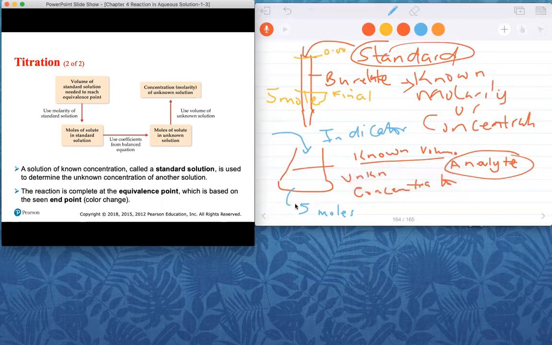If you want to program your brain from the word equal, that means an equal number of moles, and it is indicated by the color change of the indicator. So next time you see the procedure saying add 2 to 3 drops of indicator, it signifies the end point or equivalence. That means you should stop the titration and cut it off. Don't add any more of your standard once it is indicated by the indicator.